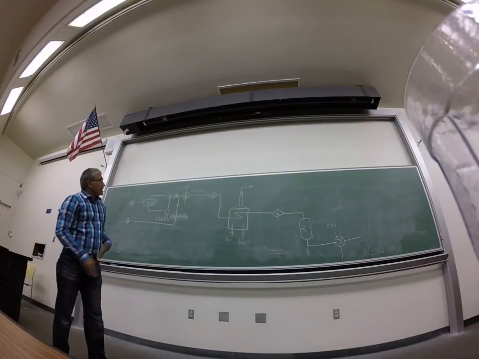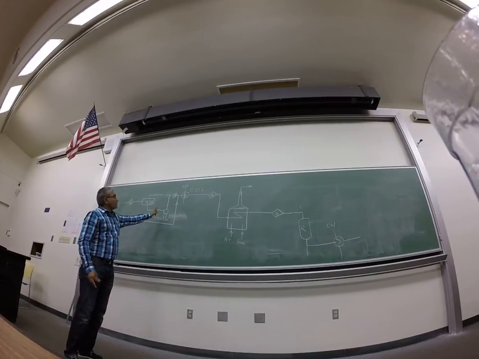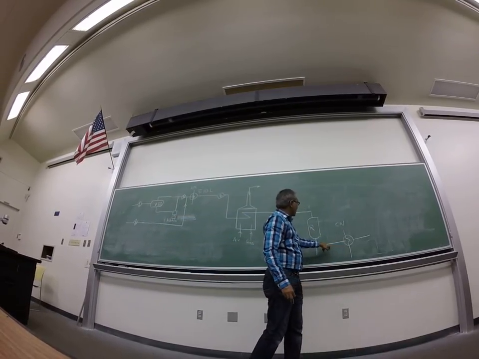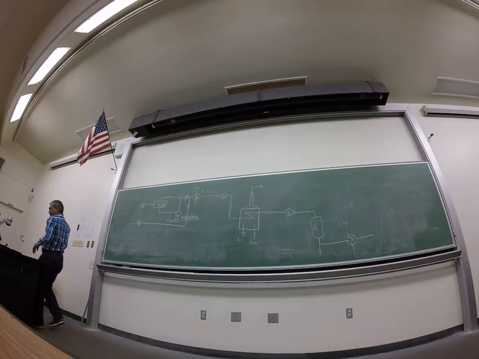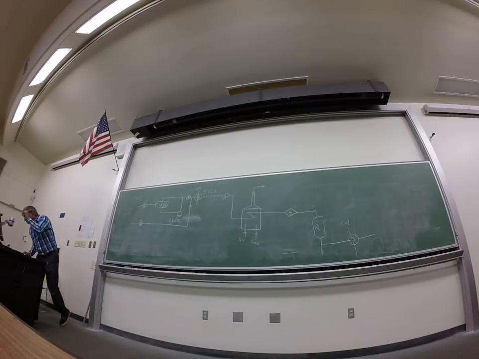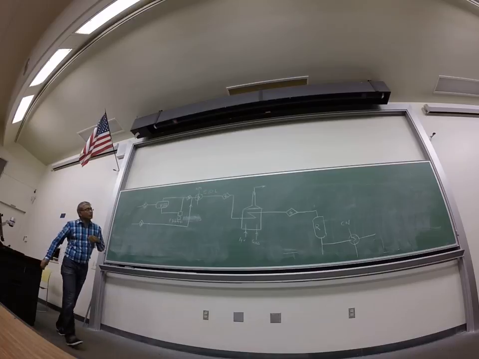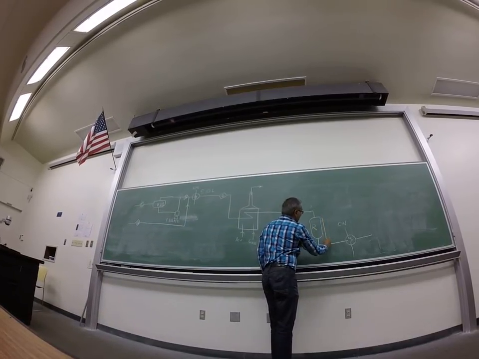Now if you think about it, at various places you probably need to put more pumps, because right now you have only one pump. The question is, is this pump enough to really take it all the way through? You probably need a pump here or a compressor here. Also, a part of this recycle stream is of course going to be an unreacted component.